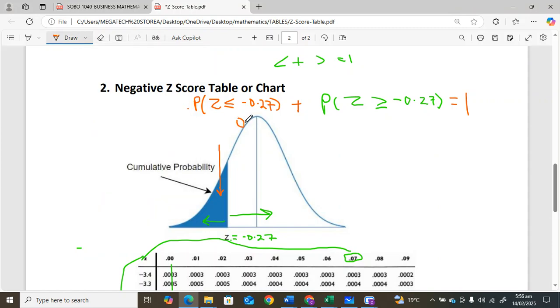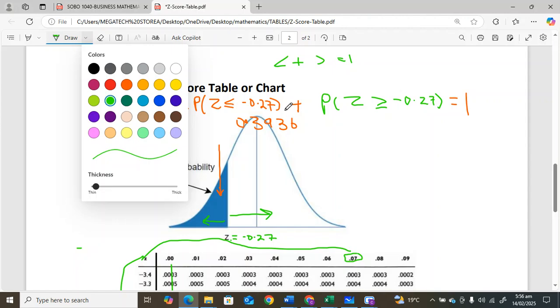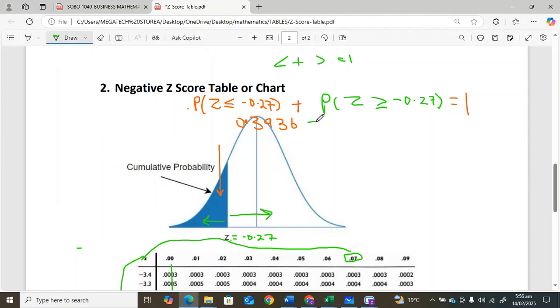So 0.3936 plus the probability that Z is greater than negative 0.27 equals 1. In order to get our probability, we take the 0.3936 over the equal sign.